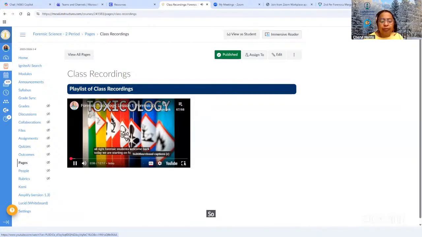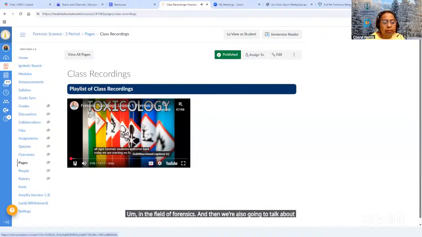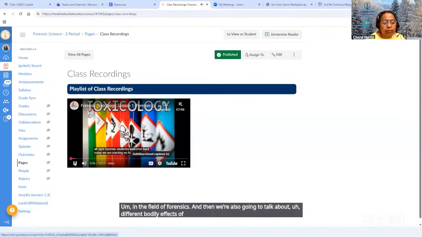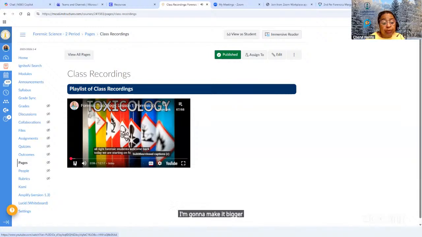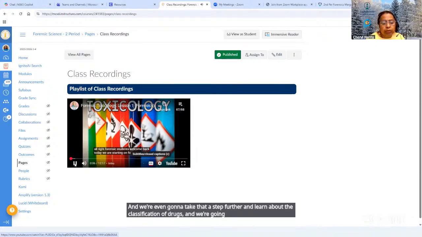So today we're going to look at toxicology and try to understand why it's important in the field of forensics. And then we're also going to talk about different bodily effects of certain drugs and chemicals. We're going to take that a step further and learn about the classification of drugs, and we're going to learn how they're scheduled according to the DEA.